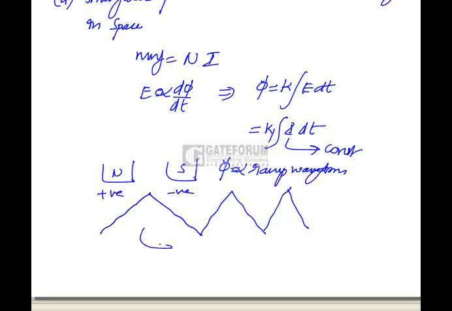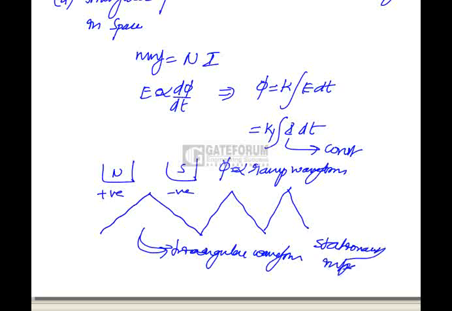This type of waveform is nothing but a triangular waveform. So for the armature MMF, N into I, since N is constant, the MMF waveform depends only on current. Armature MMF of a DC machine has a triangular waveform and is stationary in space. So option D is the correct answer.